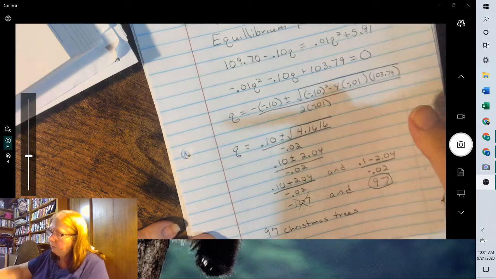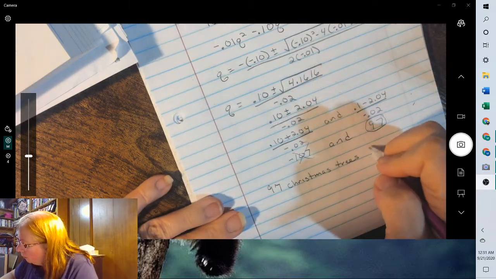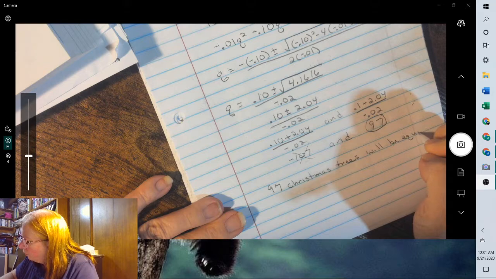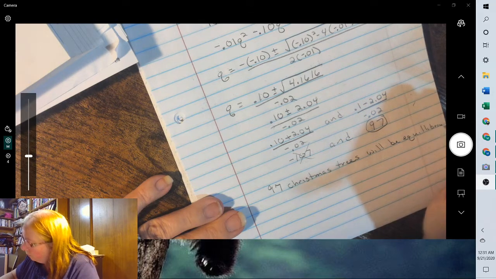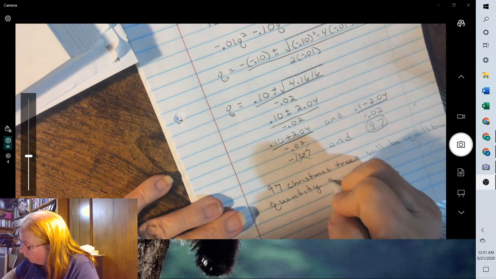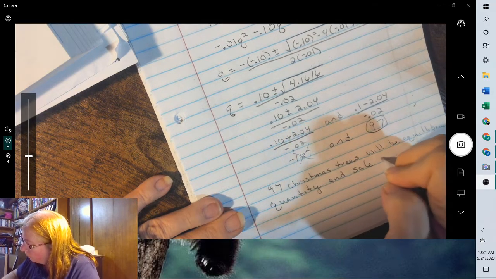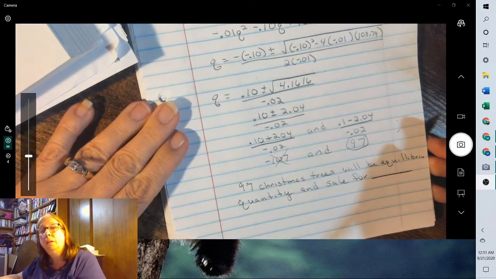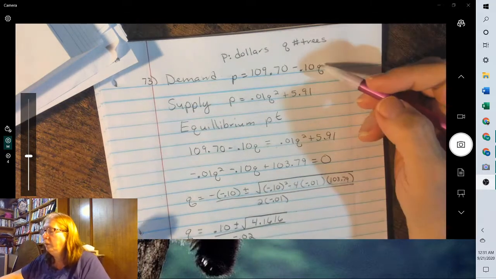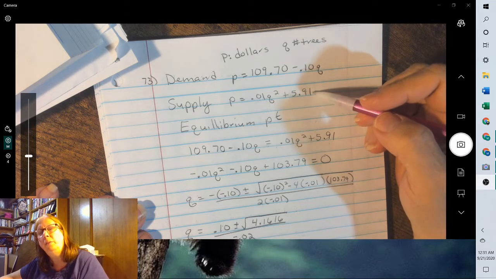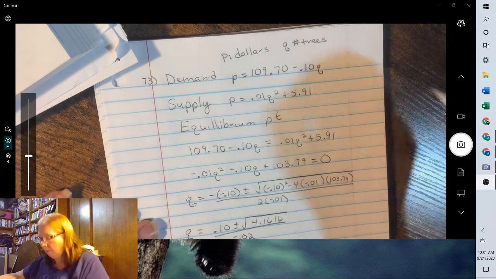To find the price they'll sell for, we need to find that. Now to find that, you take either one of these and plug it in. I'm going to use the first one, but if you plug it into both, it's a good way to check your answers because they should come out the same.